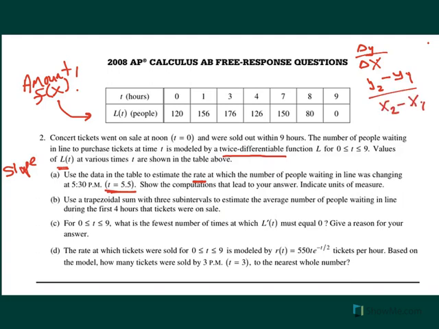And where you're going to get your x and y values, that's where you're going to be looking at the chart. These are your outputs, your y values. These are your inputs, your x values. So we're going to want the change in the y values, 150 minus 126, compared to the change in the x values, which is 7 over 4. So a potential setup for that should be 150 minus 126 over 7 minus 4.